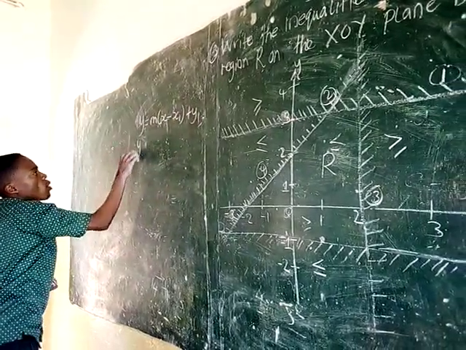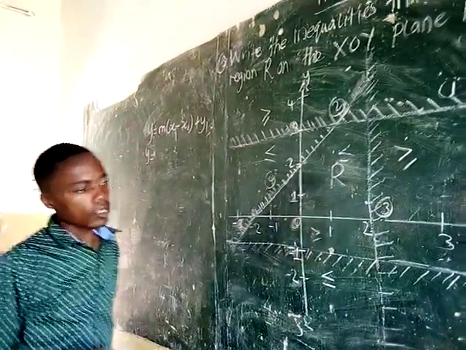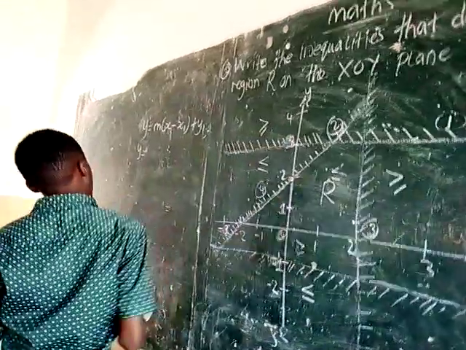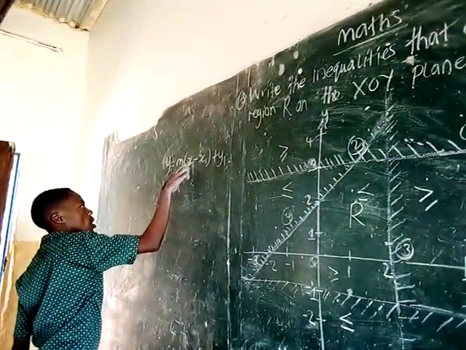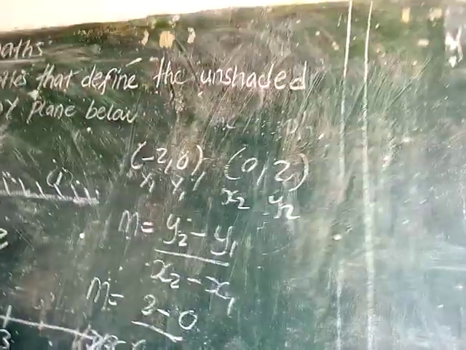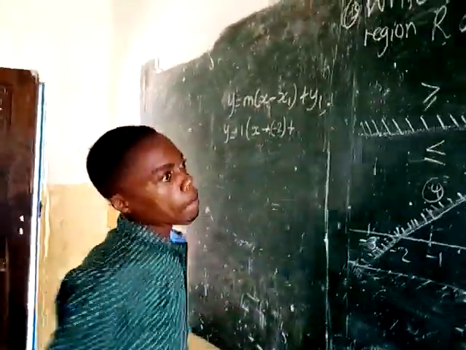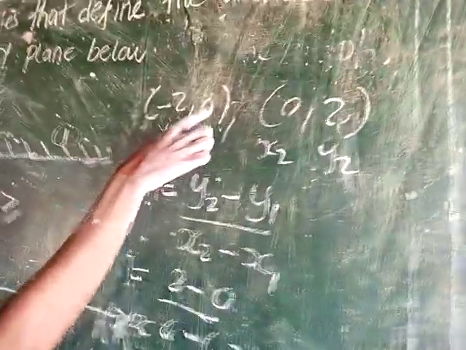The gradient m is 1, x1 is -2, and y1 is 0.